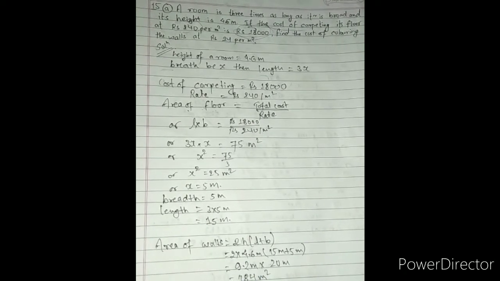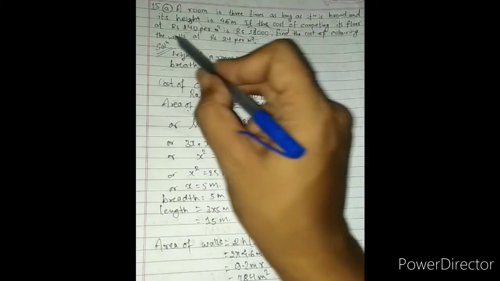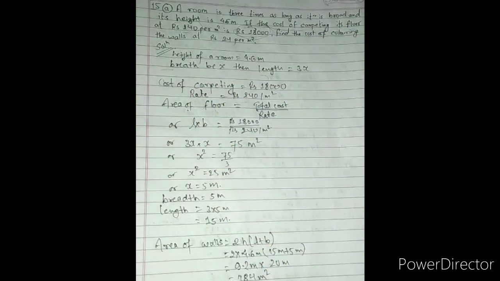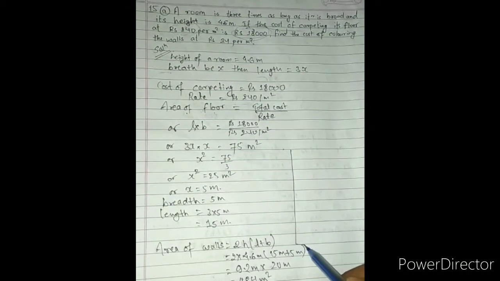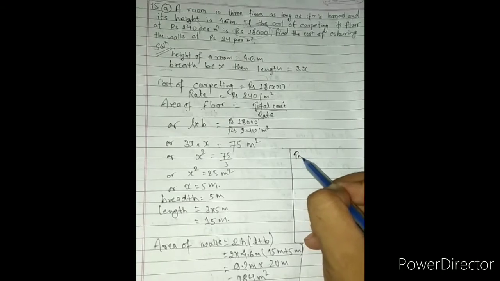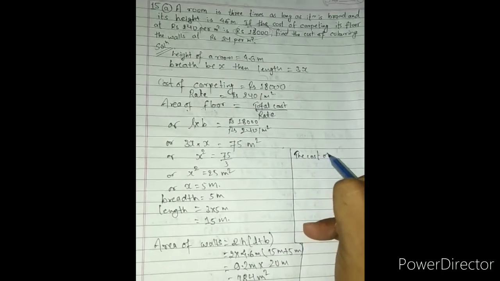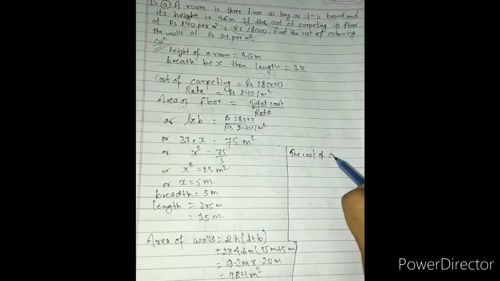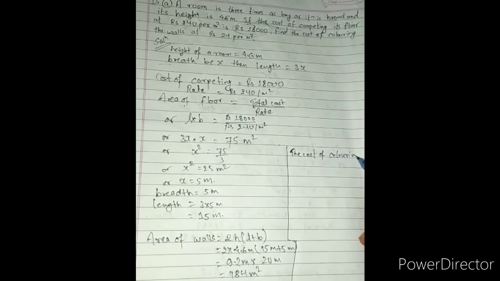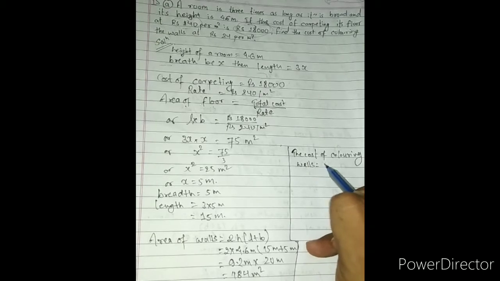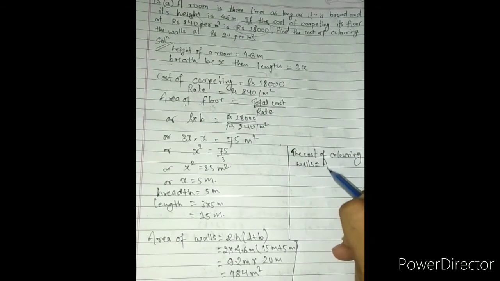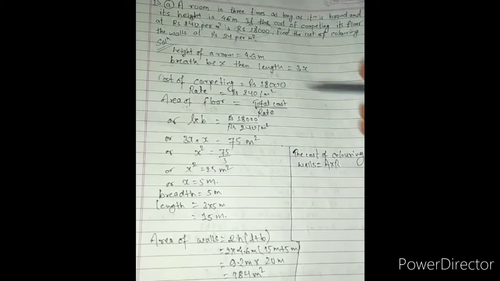184 meter square is the area of the wall, but we have to find the cost of coloring the wall. Cost of coloring walls equals, what is the formula of total cost? Area into rate.